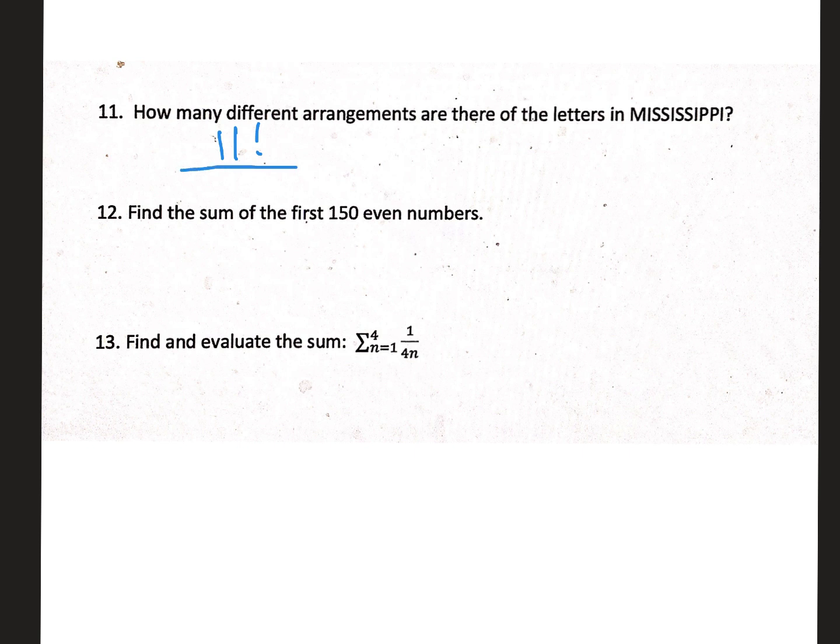You can't do this with the P button. And then what I'm going to put in my denominator are all the letters that repeat. What I see first, I see 4 S's. I see 4 I's. And I see 2 P's. Now when you punch this in, you've got to be so careful. Because I have more than one number in my denominator, you must use the parentheses.